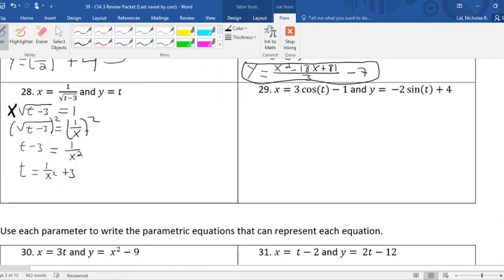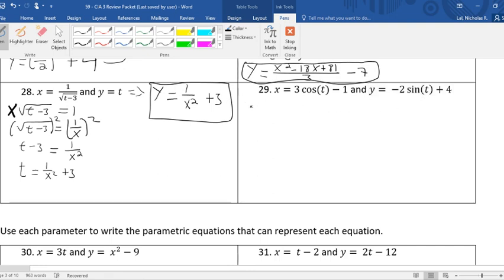So if y is equal to t, then y is equal to 1 over x squared plus 3. Next, x is equal to 3 cosine of t minus 1. Y is equal to negative 2 sine of t plus 4.